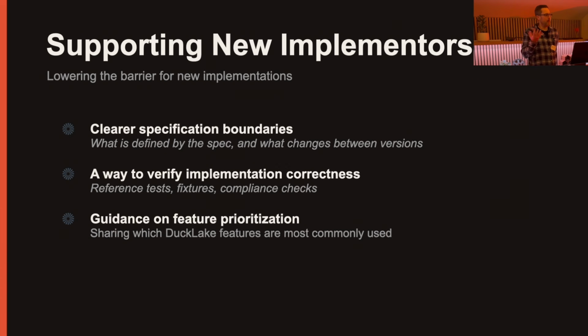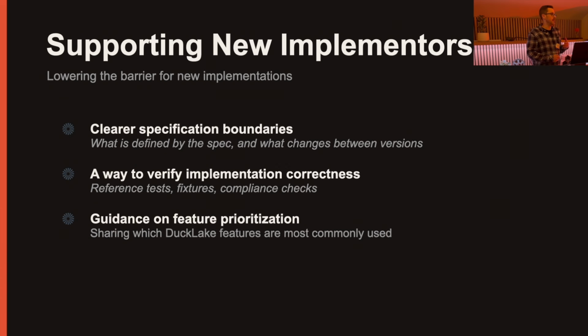The DuckDB folks have done a really good job of documenting a lot of it, but at least at the time we were starting, it was much more user-focused rather than implementer-focused. And so understanding what the spec actually requires took a lot of diving into their implementation code. Even things like the metadata queries you need to run would differ from the documentation to what actually had to be used in the code.